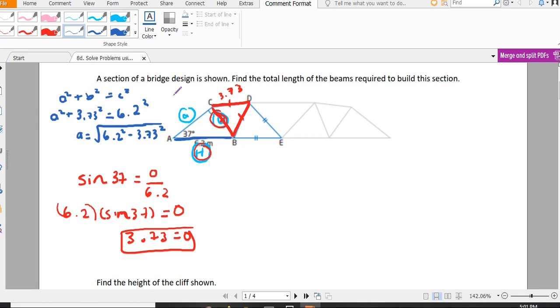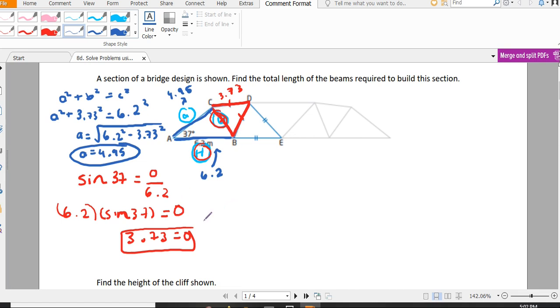So 6.2 squared minus 3.73 squared equals 4.95, which means A equals 4.95. So this is 4.95, and this is 6.2. So far I got 6.2, 4.95, 3.73, 3.73, 3.73.